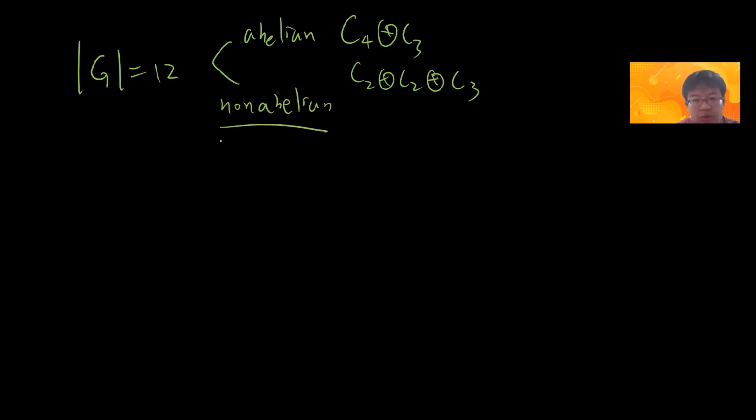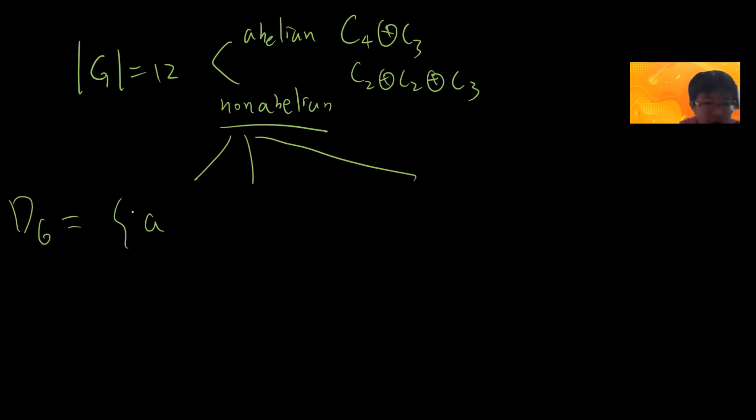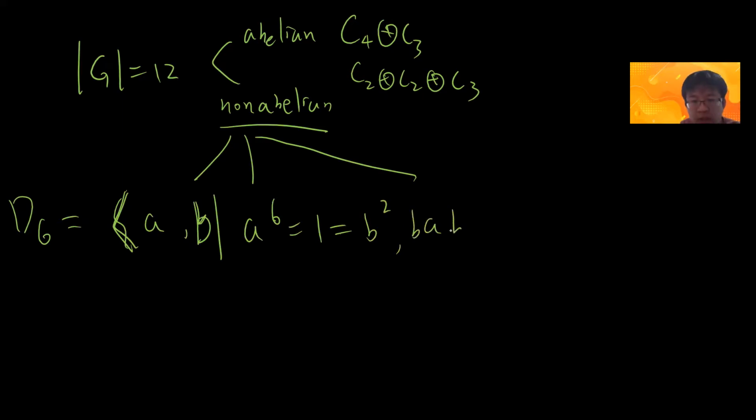So we have three choices. One is the so-called D6. D6 is basically generated by a and b, where a^6 is 1, b squared is 1, and b a b inverse is a inverse.